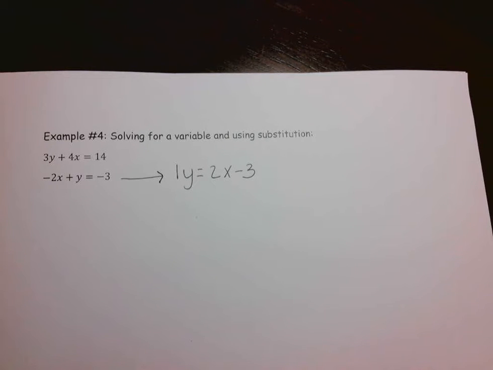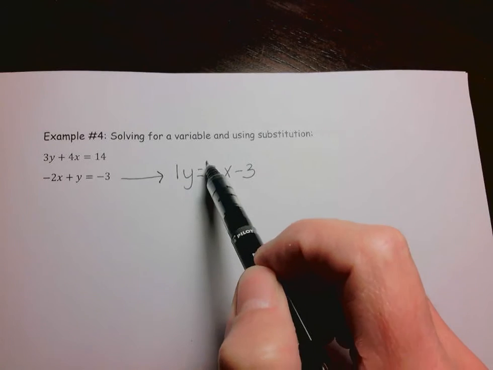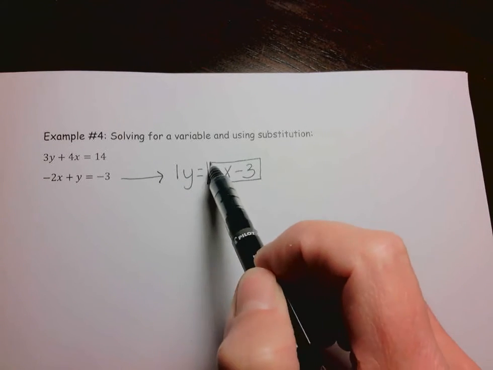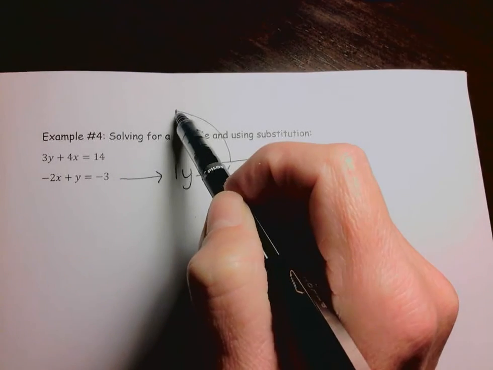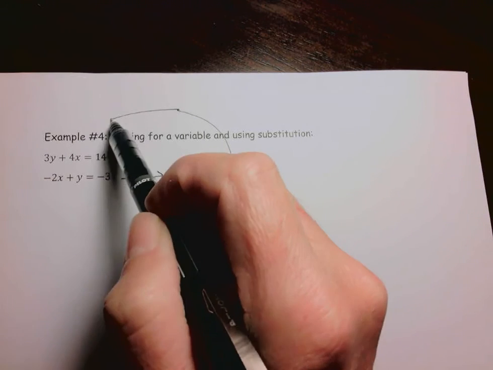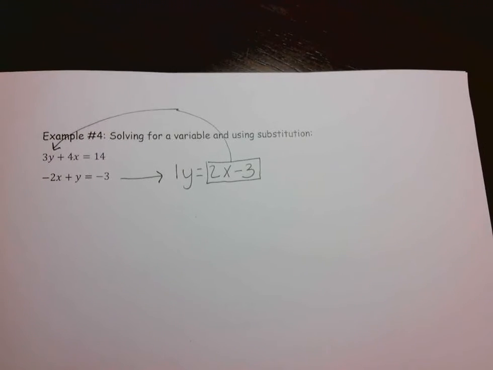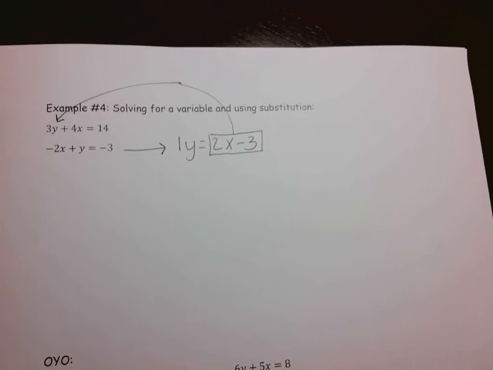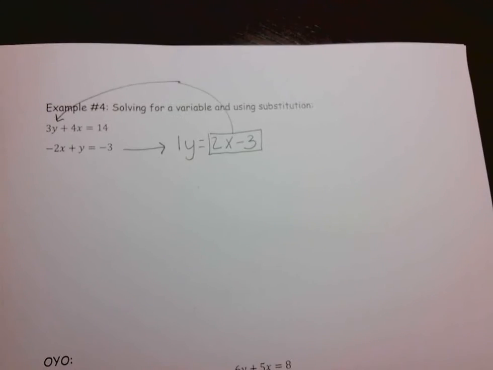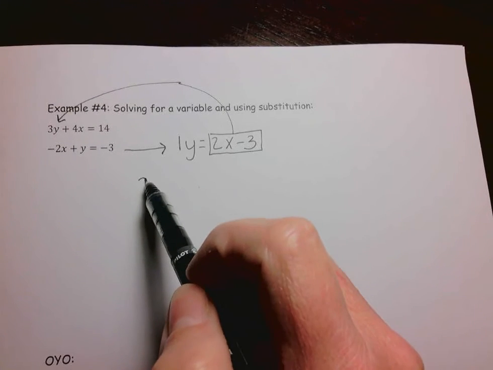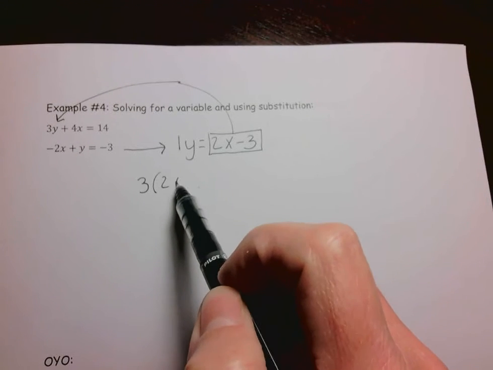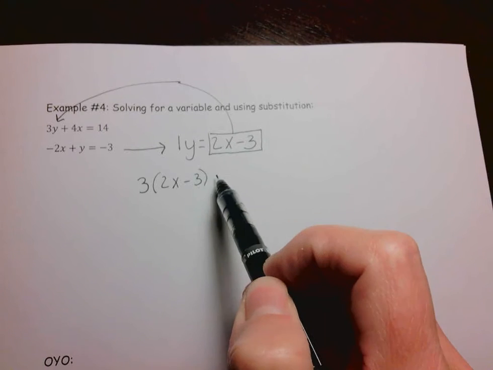So now what do I do with that? If I know y equals 2x minus 3, I take that and plug that into the other equation for y. Now, make sure that you plug it into the other equation. Don't plug it back into itself. So I know that y equals 2x minus 3. So then I can say 3 times 2x minus 3.